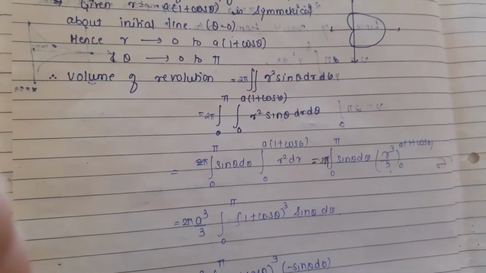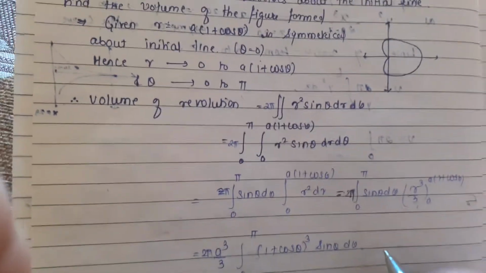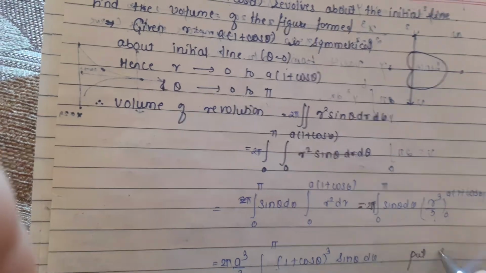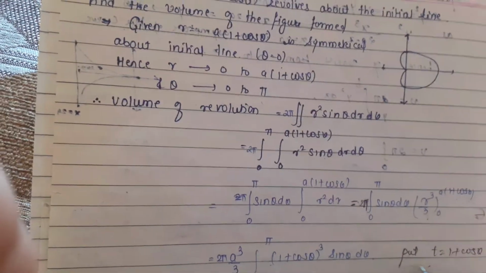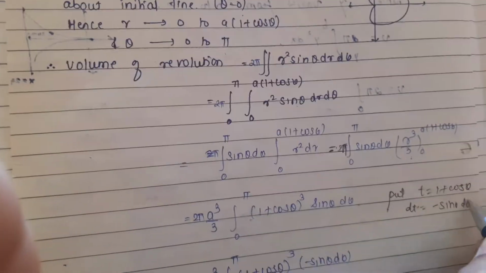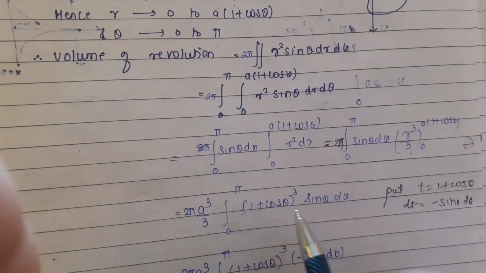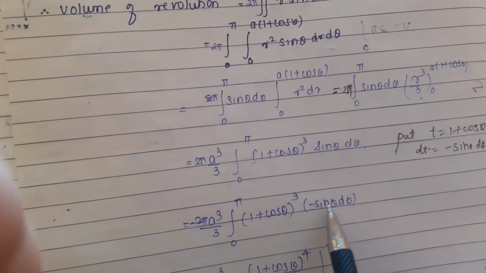theta d theta. If I see this function, this is 1 plus cos theta, put t equals 1 plus cos theta, so we obtain the derivative dt equals minus sine theta d theta. To convert it into derivative form, we have to arrange a negative sign, so multiply by minus and minus.